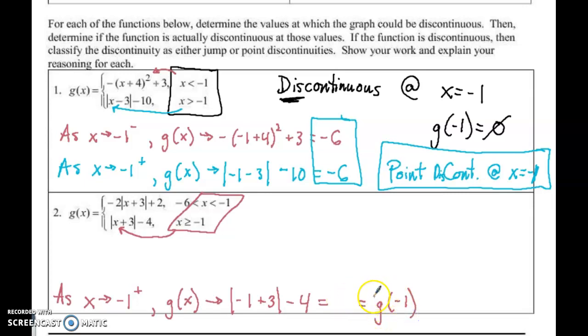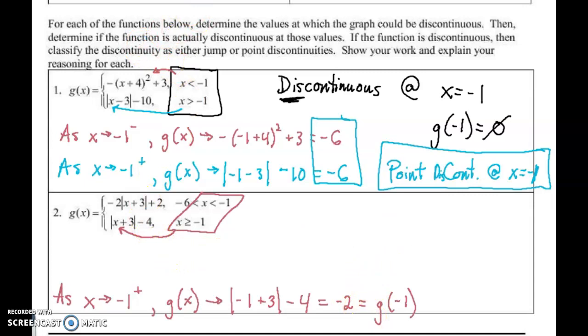So it will be defined, and it'll be the same value as the right side because it equals right here. So just to figure that out, -1 plus 3 is 2. 2 minus 4 is -2. So it's either going to be continuous or a jump discontinuity.